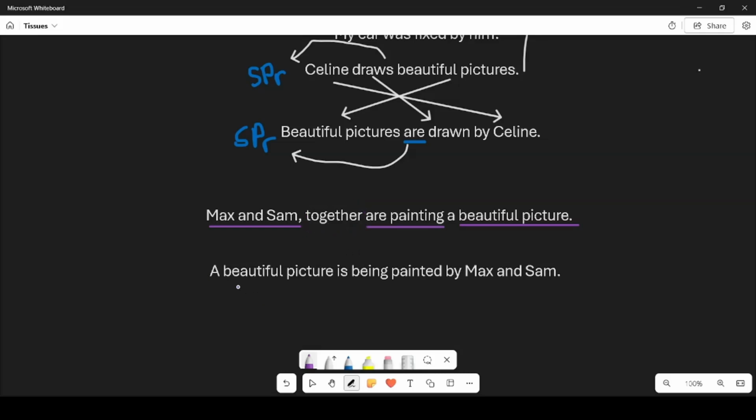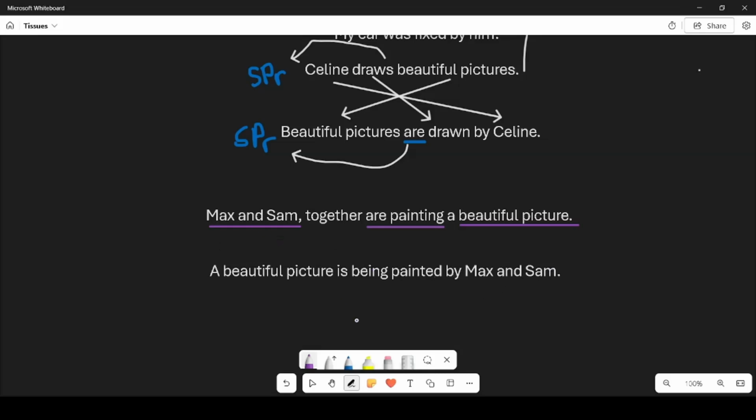Otherwise, you can include it in the sentence: a beautiful picture is being painted by Max and Sam together. No, together should be omitted actually. If you can convert the same sentence into passive voice with the word together, comment down below. So a beautiful picture is being painted by Max and Sam.